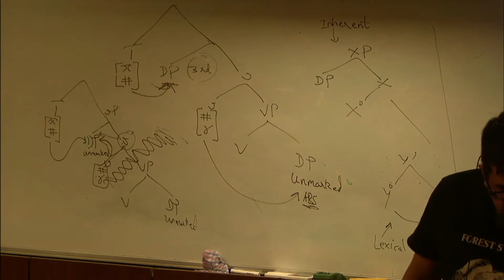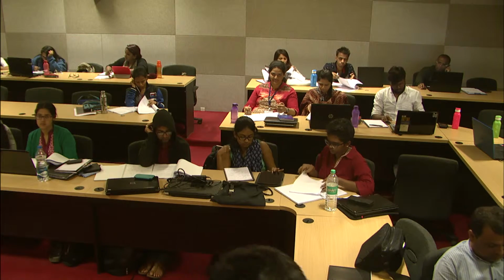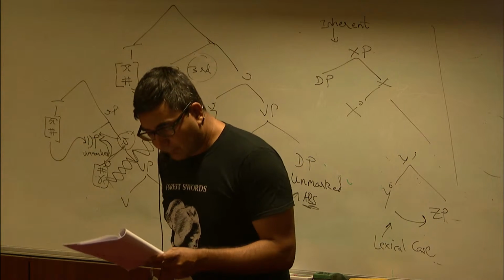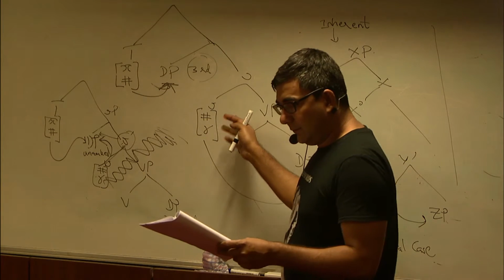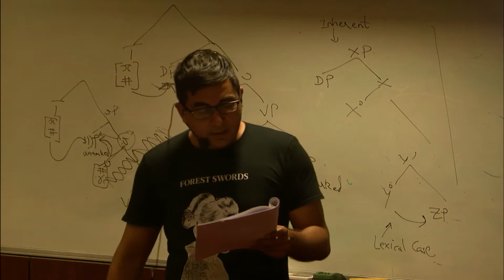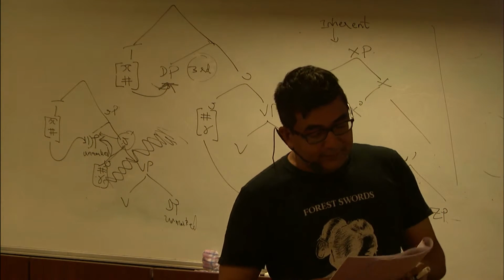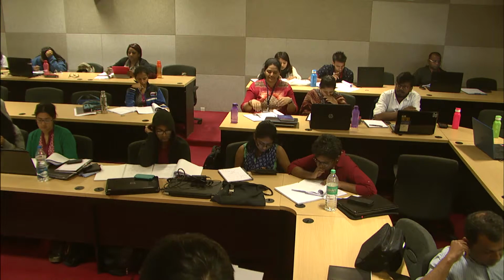So let's look at 18 on page 25. Okay, so this is this case. So what we have is T ends up with third singular features, even though the subject has both feminine and masculine features.